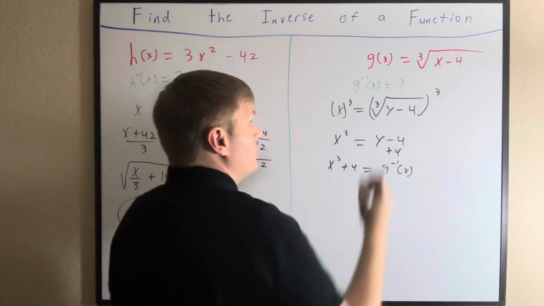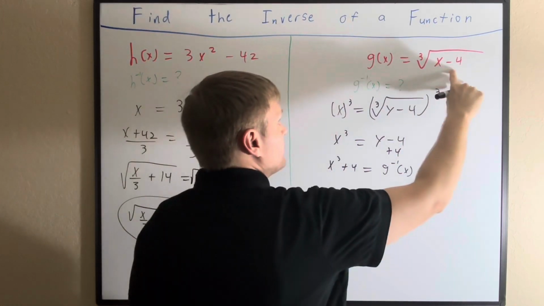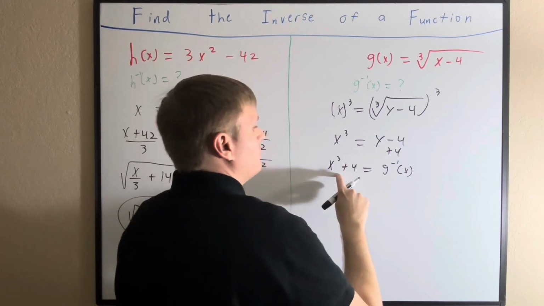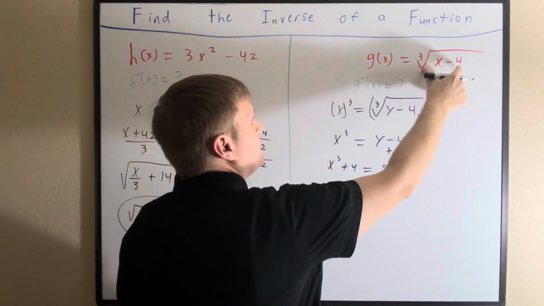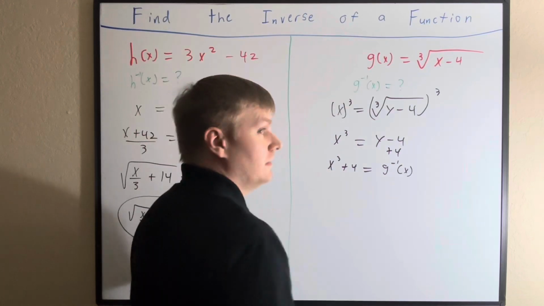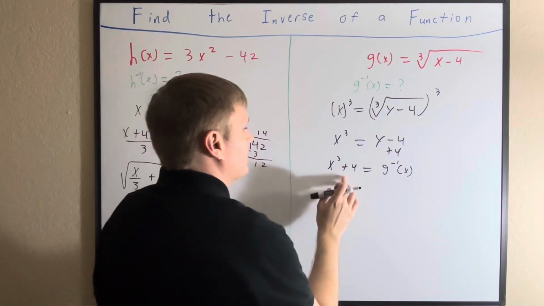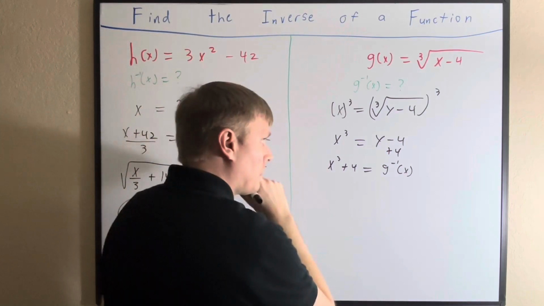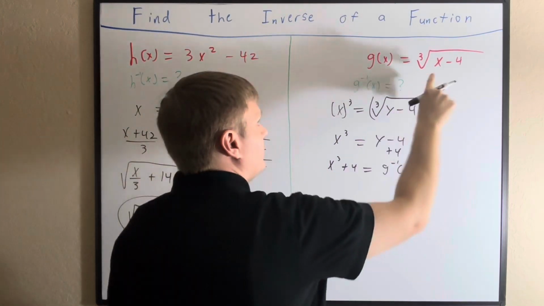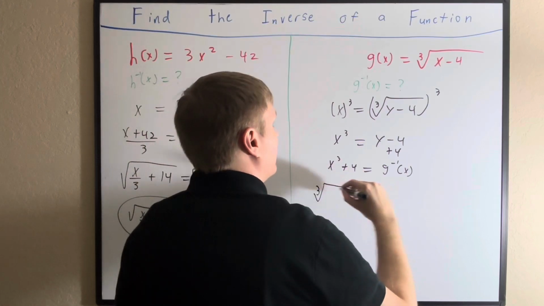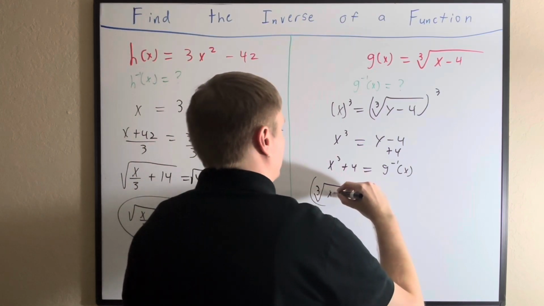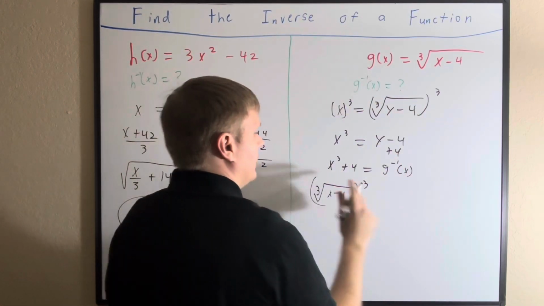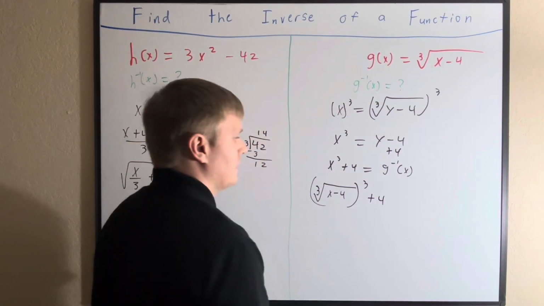This one would be pretty easy to check, so why don't we just check it? Let's substitute the original function in for inverse of g, just to show that either way you go, you're going to get x out of it. So take this cube root of x minus 4 cubed, because we're substituting in that for the x there, plus 4.